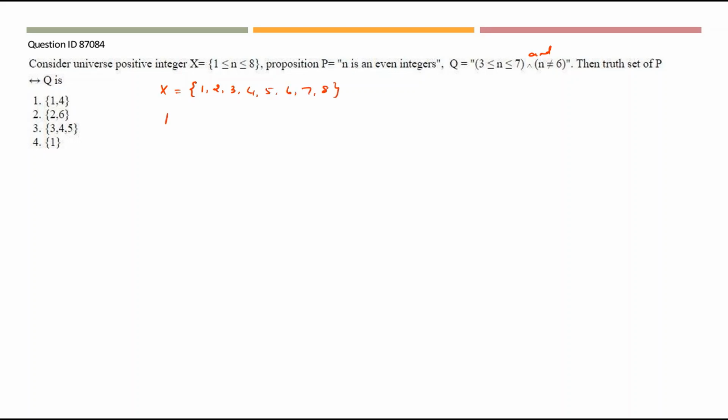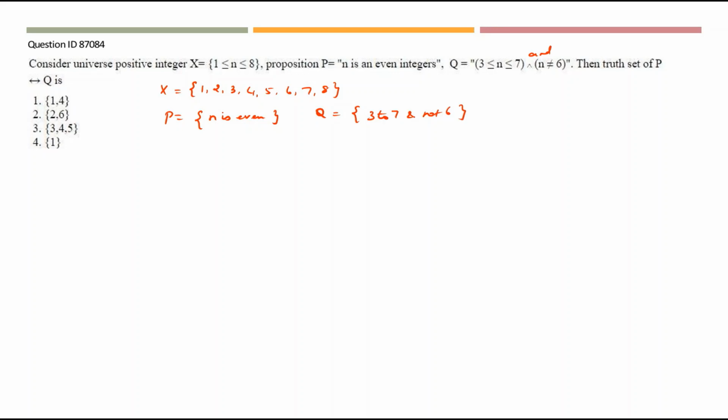What is p? P is even integer. So n is even in the sense only even numbers will be taken. And what is q? Q is actually starting from 3 and ending with 7, but it should exclude 6. 3 to 7 and not 6. I am just writing it in normal words.